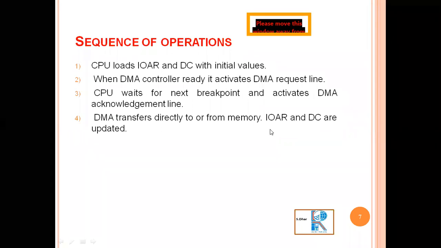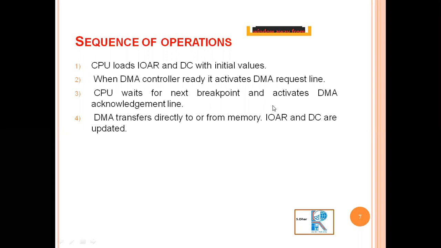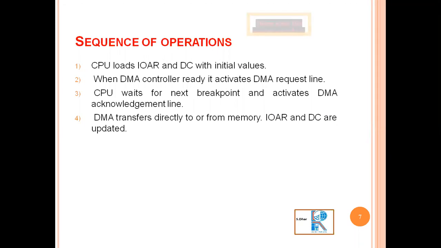IOAR is updated because once data is transferred to a particular address, the address changes again for the next one. The data counter is decreased because, suppose it requires transferring 15 words, then after 1 word, 2 words, 3 words, the data counter goes 15, then 14, and so on, until it is 0. Clear? So DMA transfers the data directly from memory to the IO device or IO device to memory. There is no requirement of the CPU here.